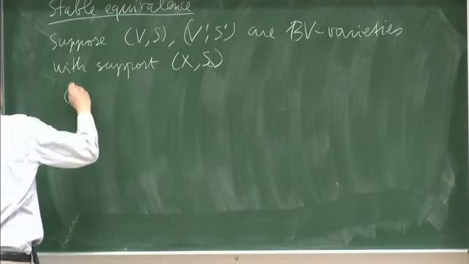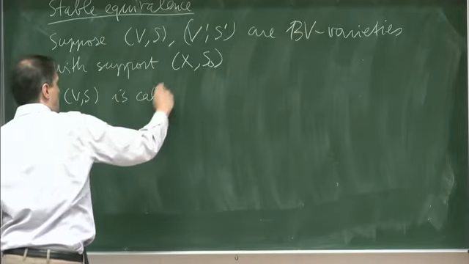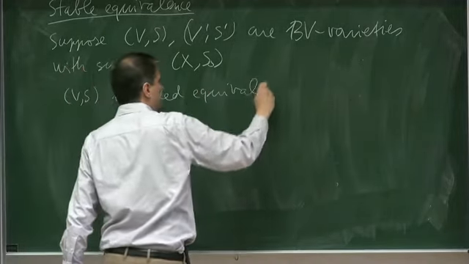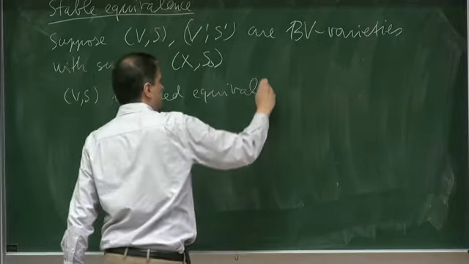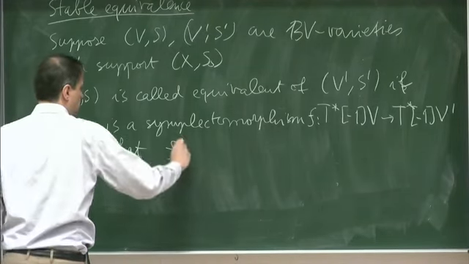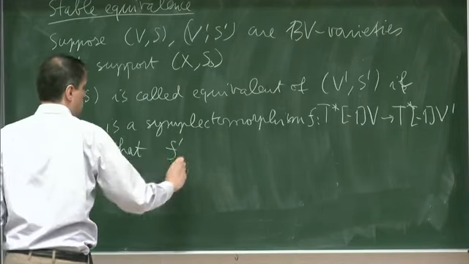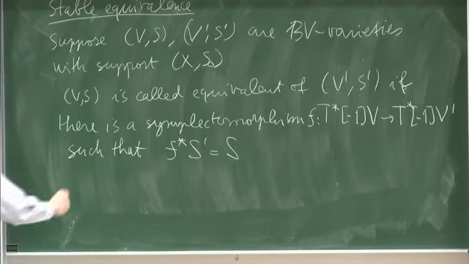Then V, S is called strictly equivalent to V prime, S prime if there is a symplectomorphism in the graded sense between the cotangent bundles such that F star of S prime is equal to S.